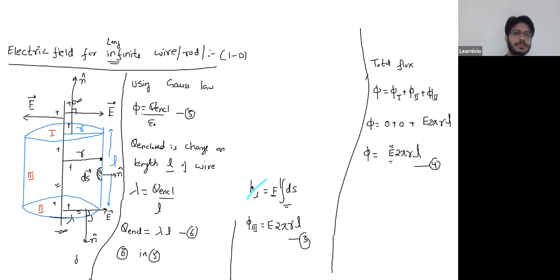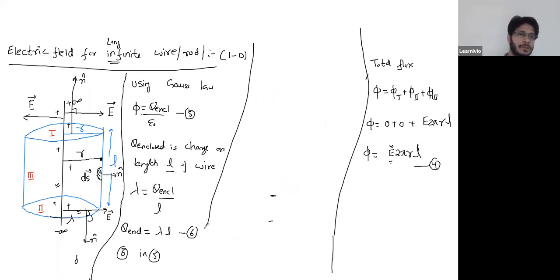On substituting, you will get that your flux is lambda L over epsilon. So this is the flux due to the long wire. This is equation number 7.